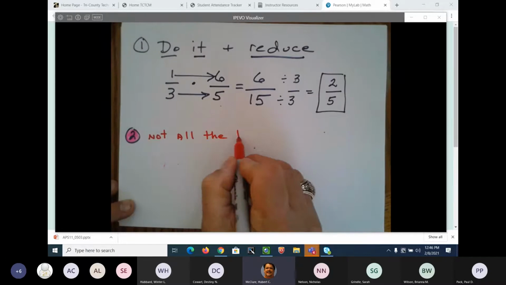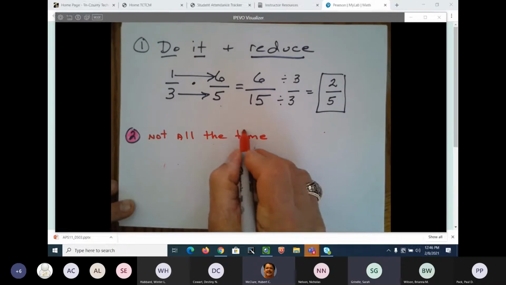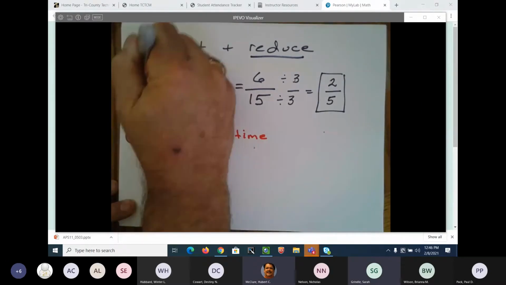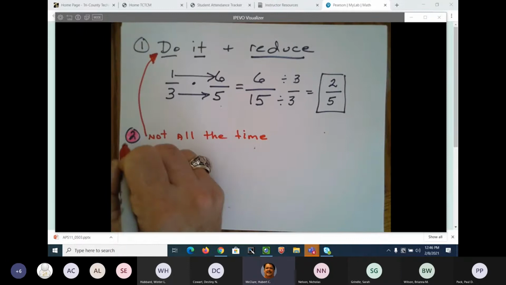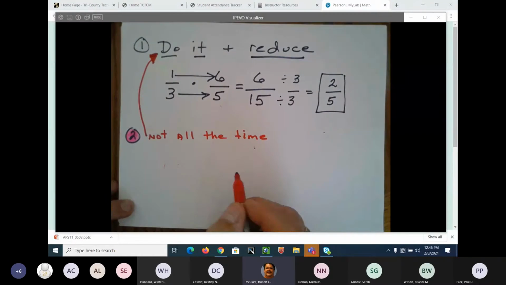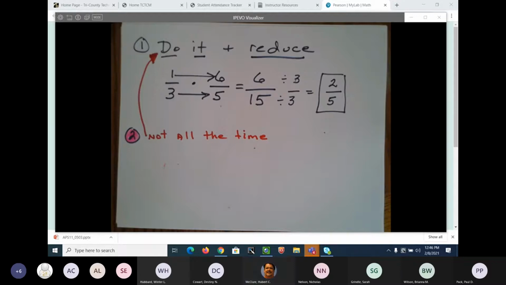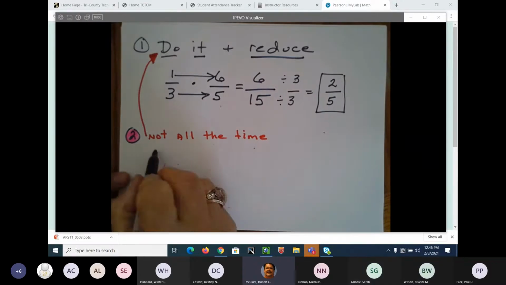Because sometimes it doesn't work, and then you have to revert back to this way. All right, so sometimes number 2 will not work, and you have to go back and do it the original way. Does everybody understand what I just said? Yes.